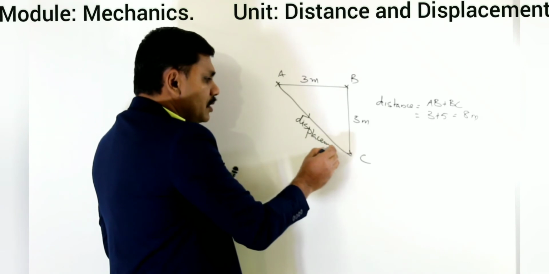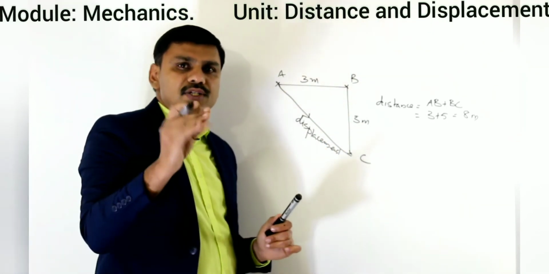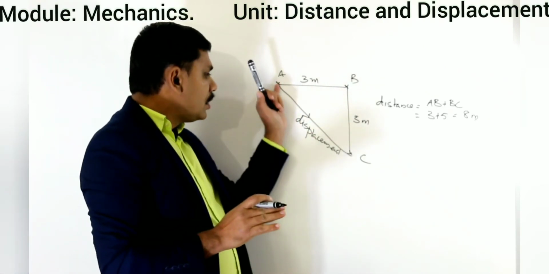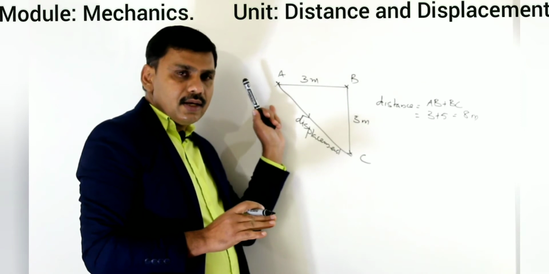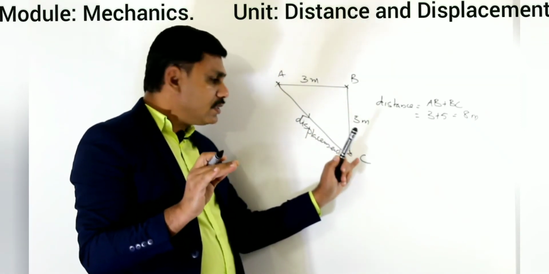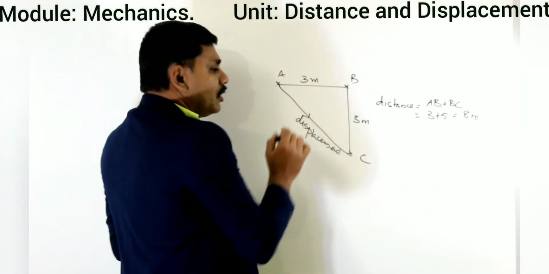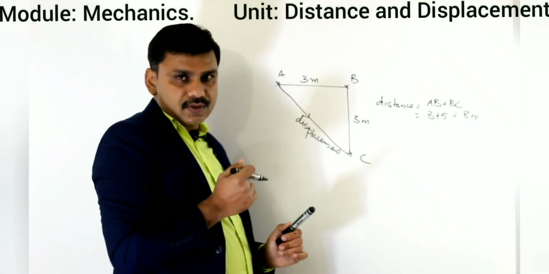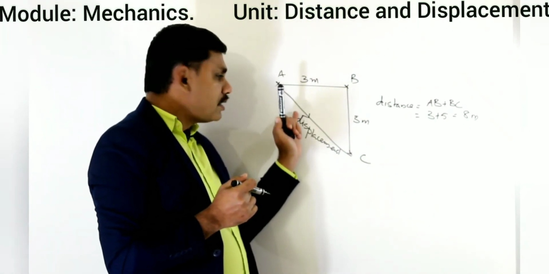Displacement simply means a change in position in a shortest path. You can calculate this displacement by using Pythagoras theorem.